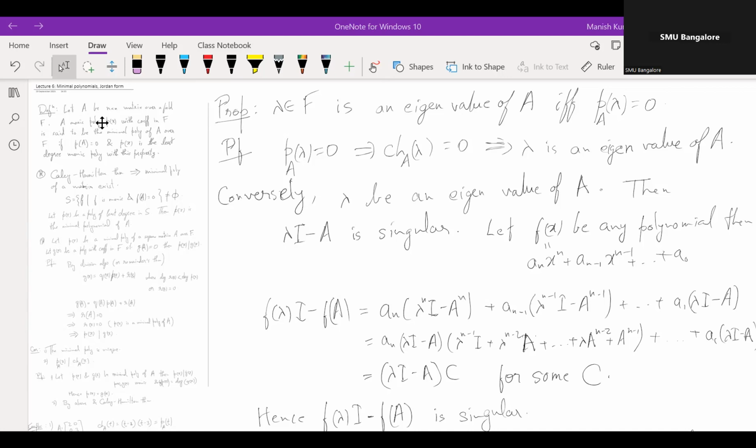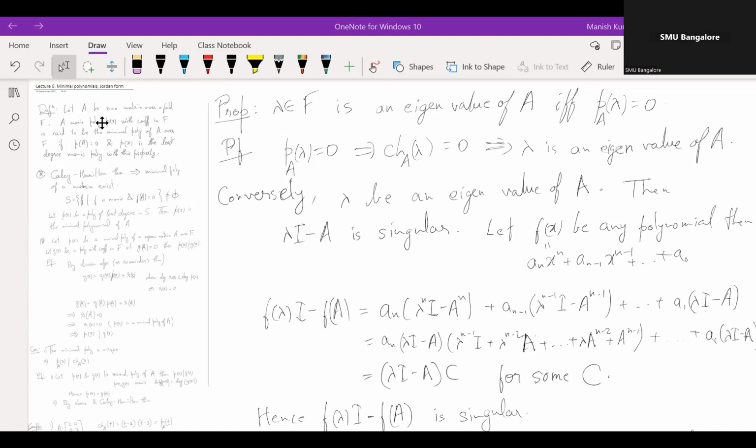Look at lambda I minus A and compute its determinant, and that must be 0. So that means this matrix lambda I minus A must be singular. Is that okay? So lambda is an eigenvalue of A is equivalent to saying that lambda I minus A is singular.